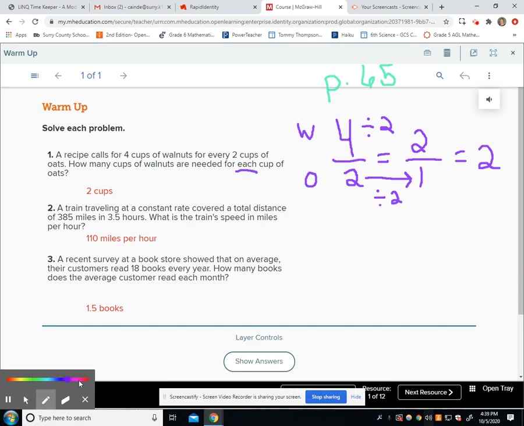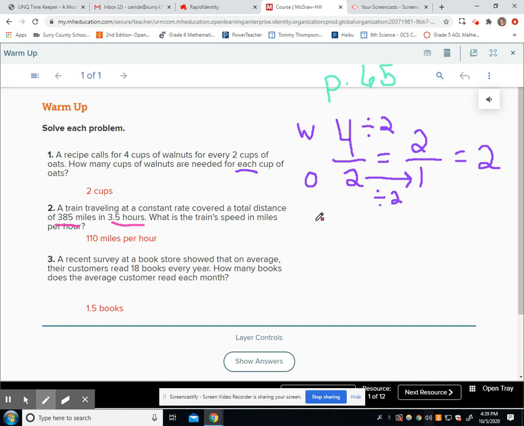Okay, let's look at number 2. We have a train, and this train's moving really fast, a lot faster than our cars move. A train traveling at a constant rate covered a total distance of 385 miles in 3.5 hours.